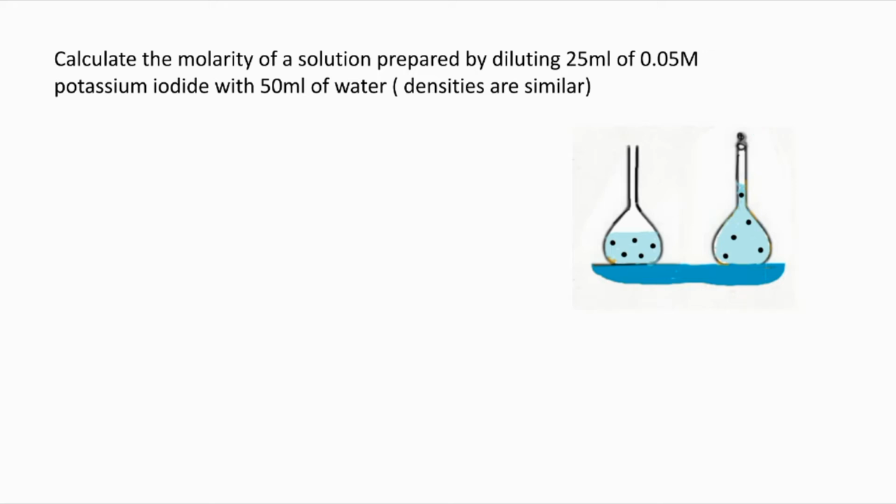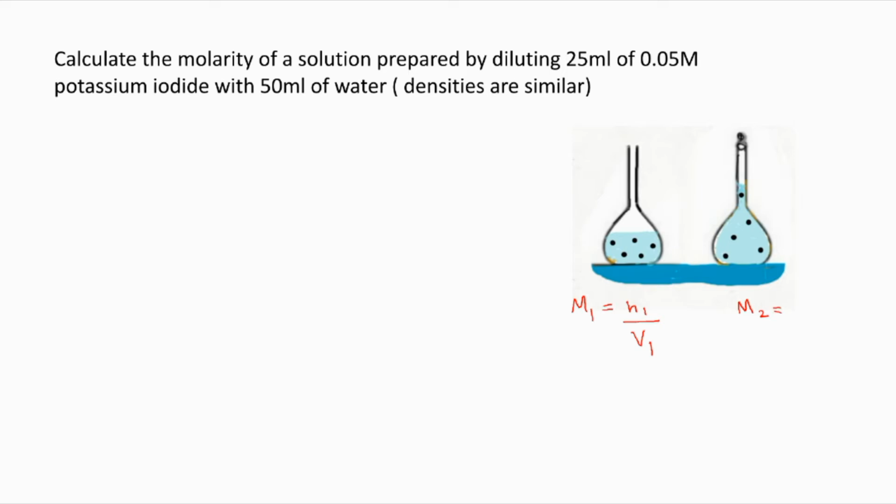Using the same concept in mind, we are going to derive a shortcut formula to do dilution problems easily. How to do that? Can you tell me what will be the molarity of the solution? You write it. Let it be M1. Number of moles present in this solution be n1, divided by V1, the volume of the solution in liter. Agreed?